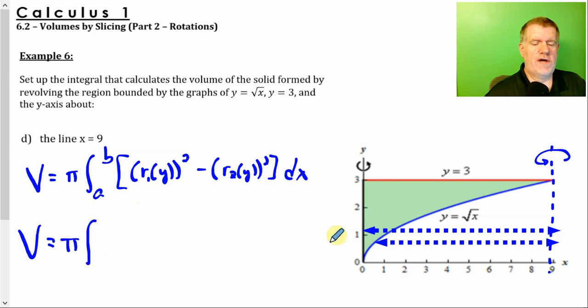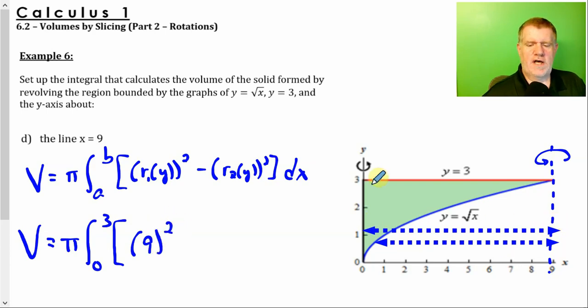We know that the y's go from 0 to 3. Radius 1 should be a nice easy one to see. The distance from there all the way to there is just 9. That will be 9 all the way.